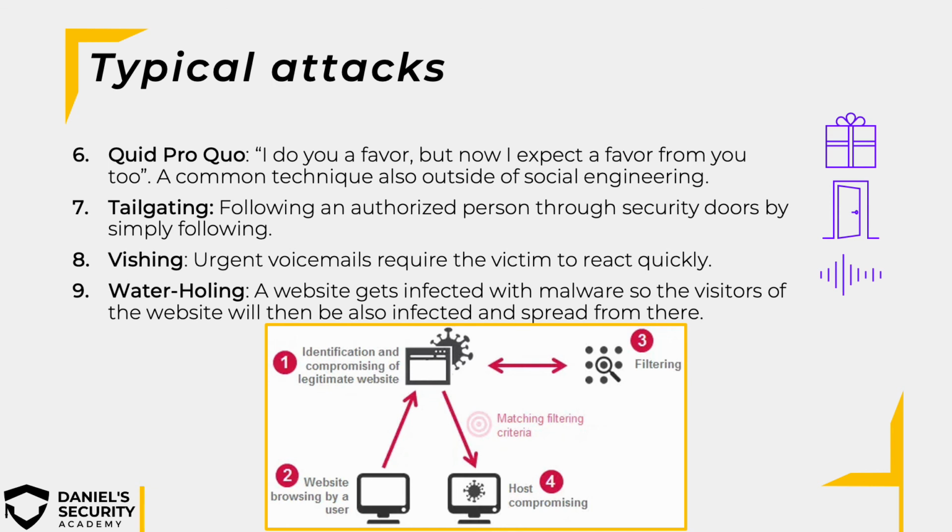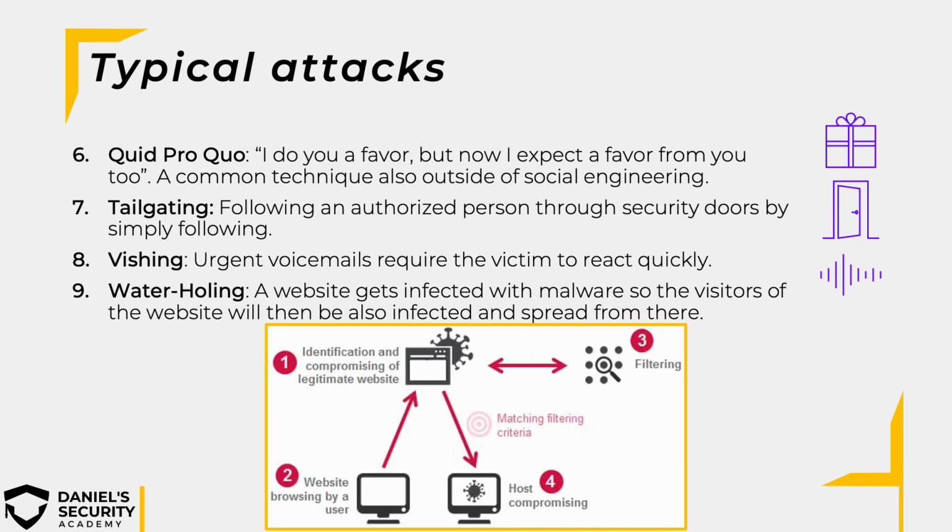everyone is coming to. And the bottom graphic demonstrates the four steps, the four parts of it. So identification and compromising of the legitimate website, for example, Google. So if Google would have a waterholing malware, a lot of users would run into the danger of getting infected for sure, because they have a lot of visitors.